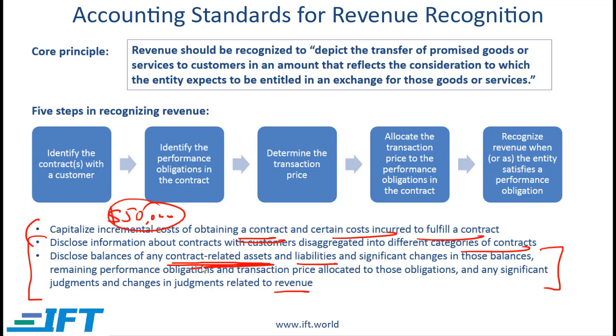Now, a detailed understanding of contract-related assets and liabilities is not required under the learning outcomes, but the brief comment that I gave you right now should be good enough. The larger point is that the disclosure requirements are more rigorous with the new converged standard.